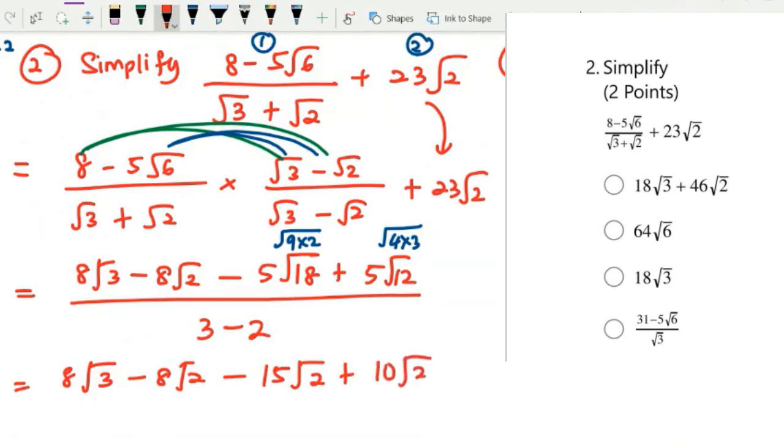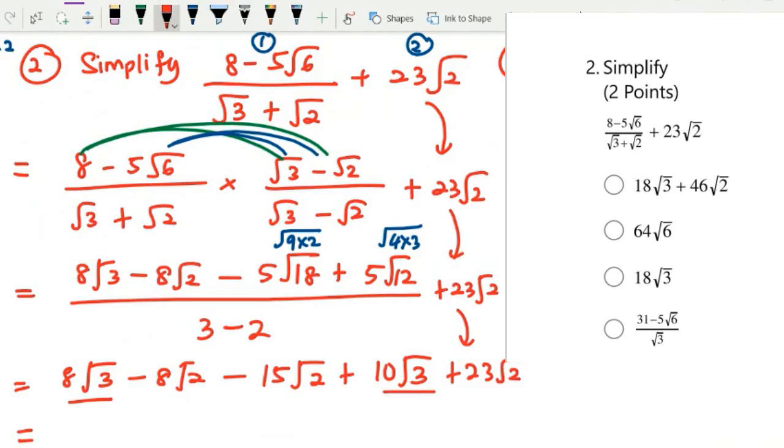10 of set 3 over with 3 minus 2 which is 1, tak perlu tulis. And then ni saya tertinggal ya, plus 23 set 2 dan akhir sekali tambah 23 set 2. Okay, so kumpulkan term yang sama lah dengan set yang sama. Kat sini kita ada set 3, set 3.